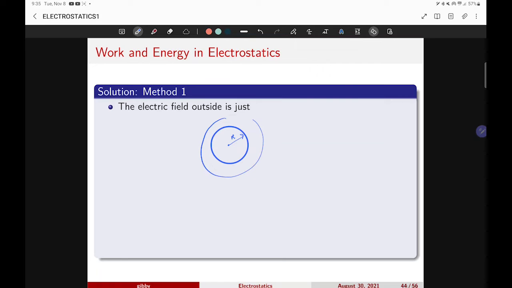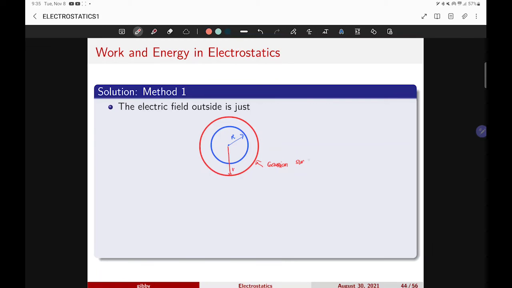We have this. Okay, that's the Gaussian surface outside. I'll use different colors so it's clearer. So that is small r. So this is your Gaussian surface.